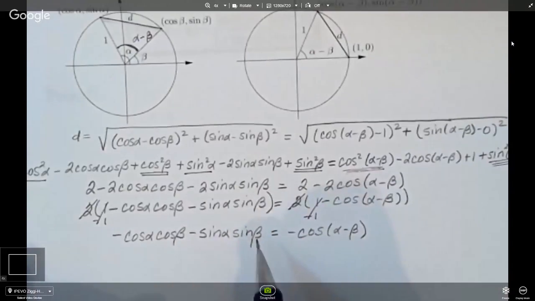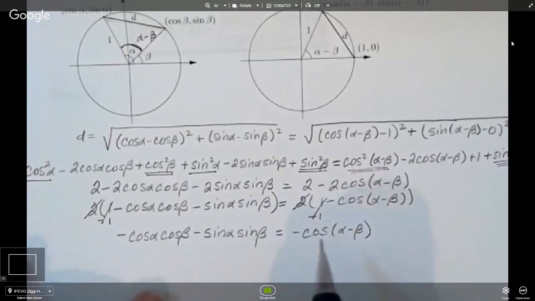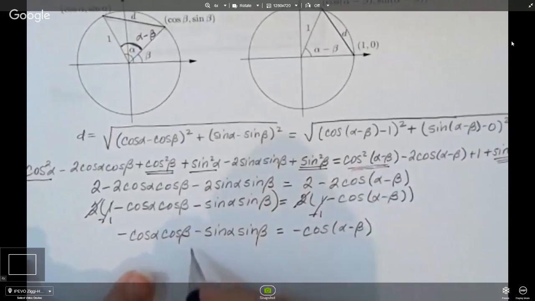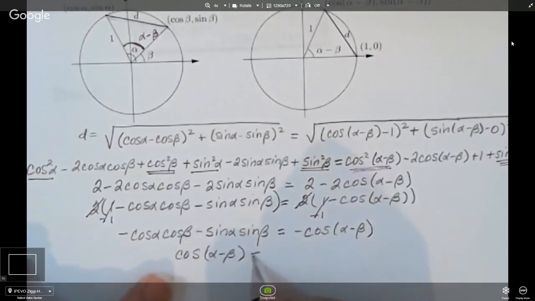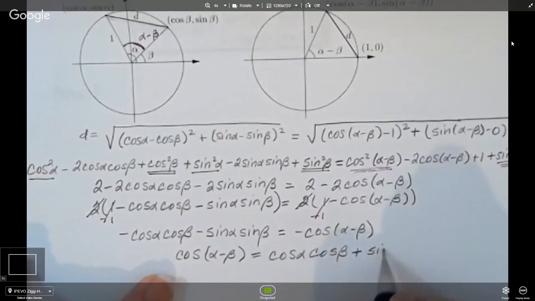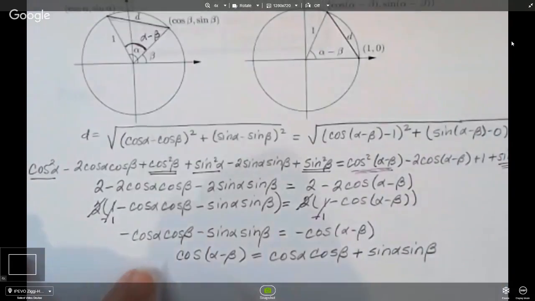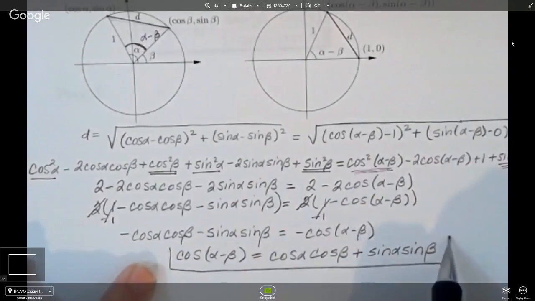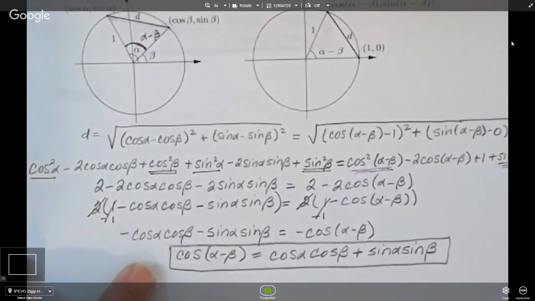And I see they're all negative, which means I can multiply everything by -1, and I will get all positive. And so I'm going to come up with this identity for cosine of alpha minus beta equals the cosine of alpha cosine of beta plus the sine of alpha sine of beta. And there is our identity for the cosine of a difference between two angles.